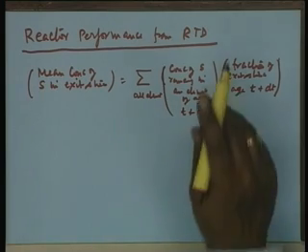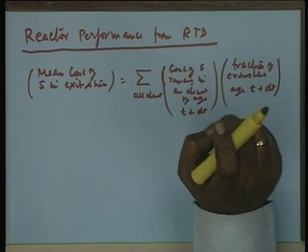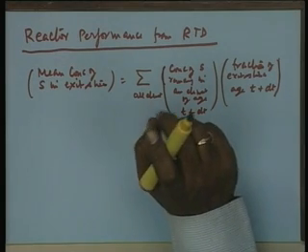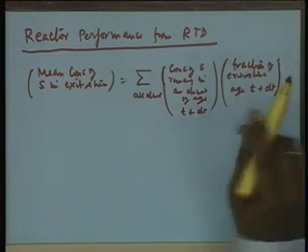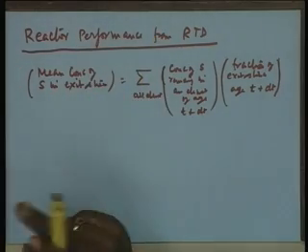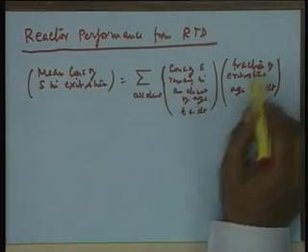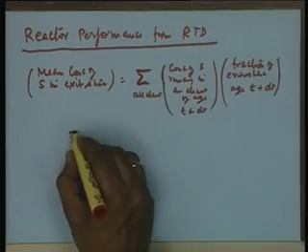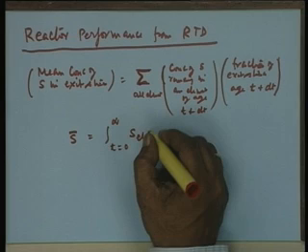Essentially this is the concentration of substrate in one element of age t to t plus dt, and the fraction of the exit stream of that age. If you multiply the two you get the mean concentration of substrate in the exit stream, and if you sum these over all the elements or integrate, your S bar will be equal to the integral from t equals 0 to infinity of S element into E dt.